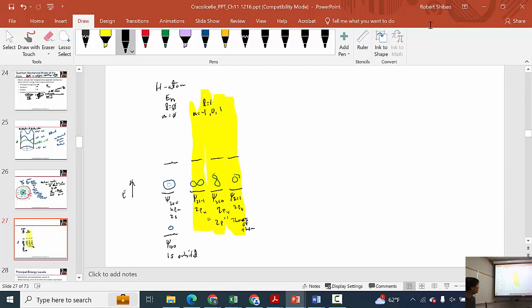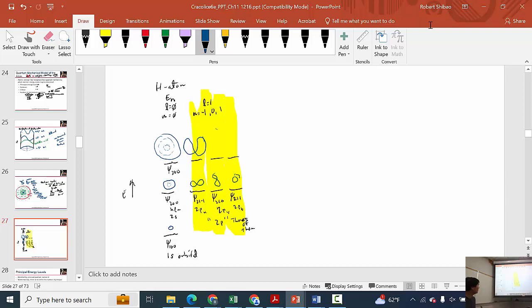Negative 1, 0, and 1. And so this is going to be my psi 300, which is just going to be a lot bigger. And actually it has 2 of these nodes where it passes between positive and negative amplitude. These p's are going to be much bigger.